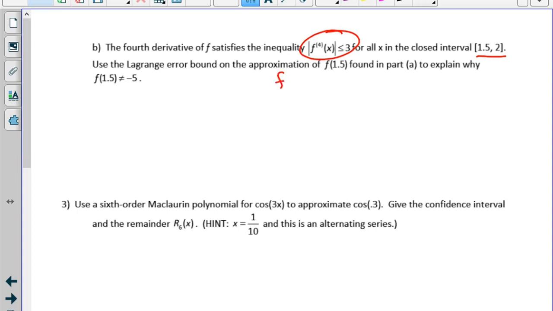So remember from the first part, f of 1.5 is approximately -4.958.